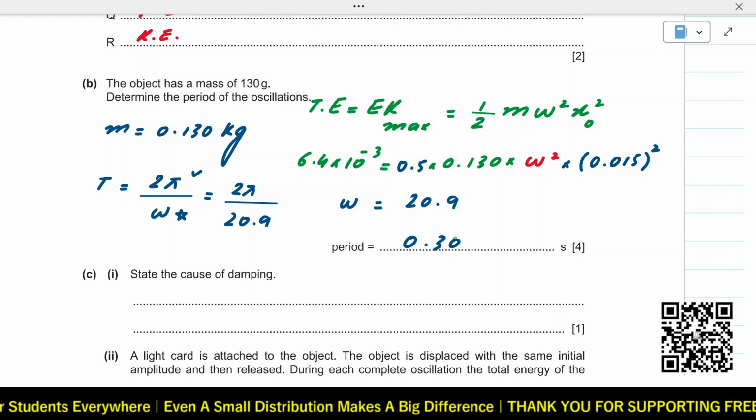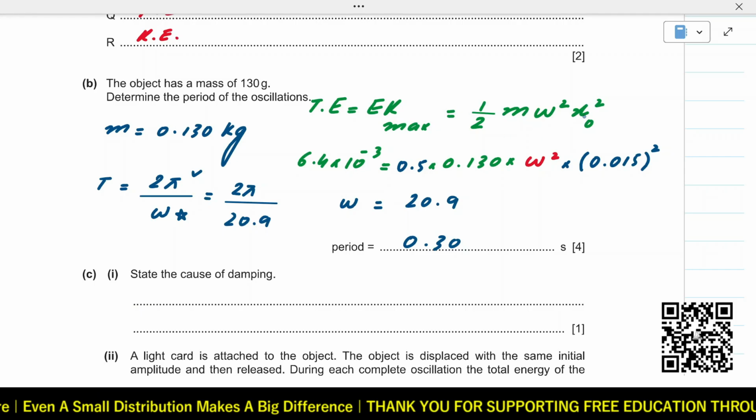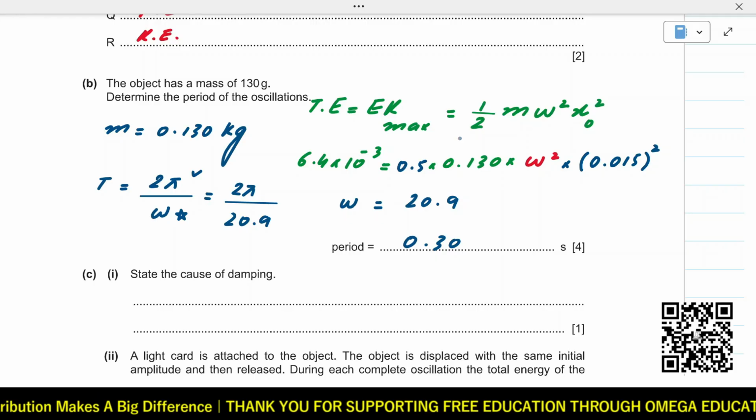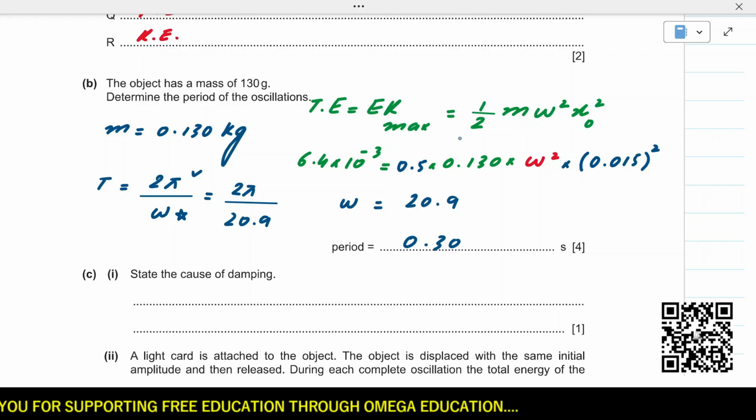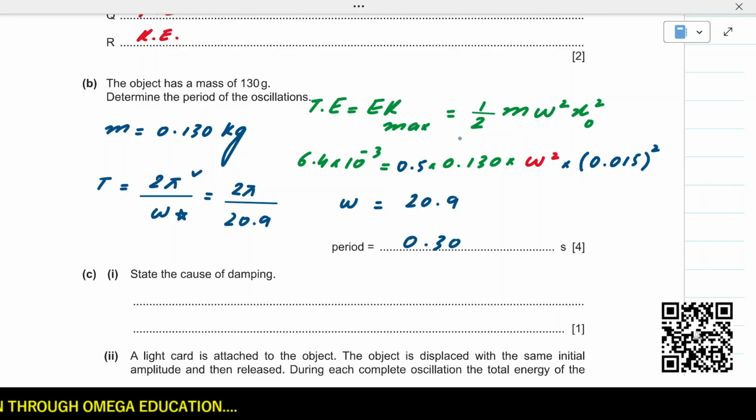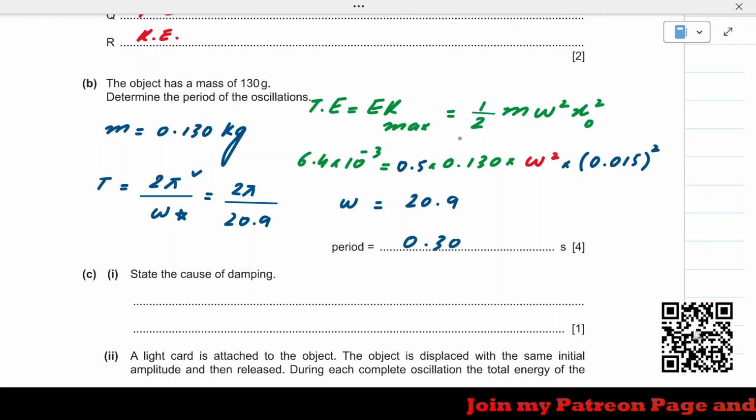But the only thing is, we need to be aware of these formulas. Now keep it in your mind: we can find omega not necessarily by the formula of time period. You can also find omega through the formula of energy. Which energy?